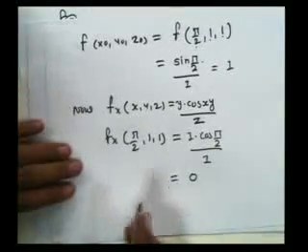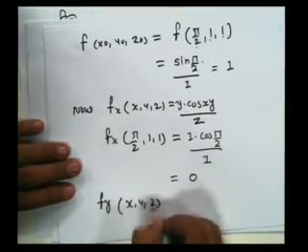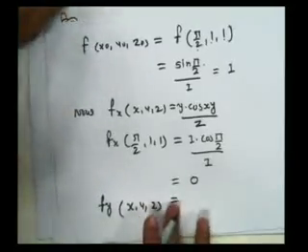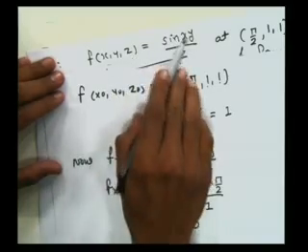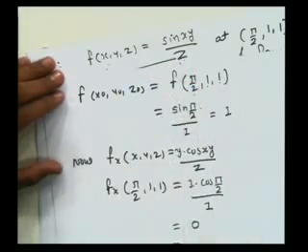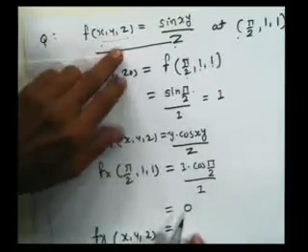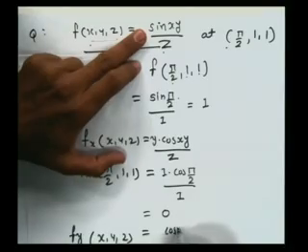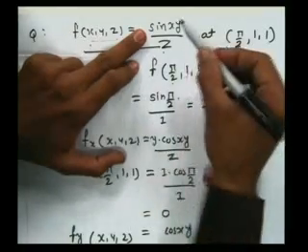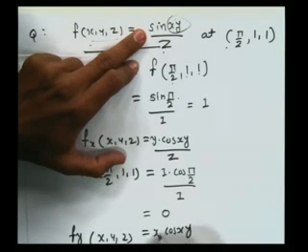Similarly, we will find fy(x, y, z), that means partial differentiation of sin(xy)/z with respect to y, keeping all other variables constant. Differentiation of sin(xy) with respect to y is cos(xy), and differentiation of xy with respect to y is x, giving x cos(xy)/z.